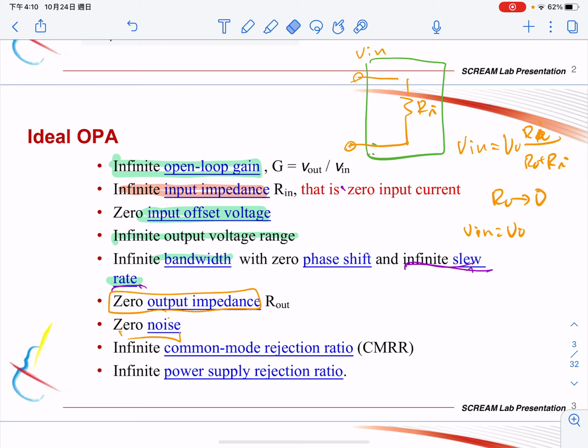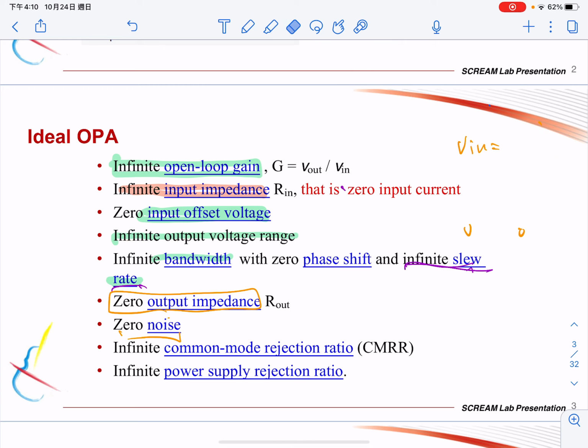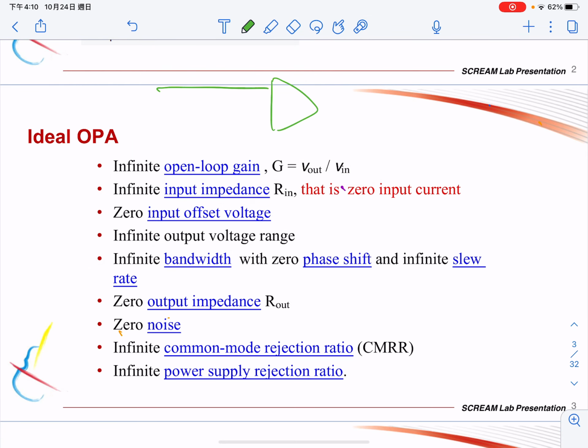The next term to explain is the common mode rejection ratio. It means that we have an operational amplifier. This is the non-inverting input, this is the inverting input. So we have a V plus and a V minus.